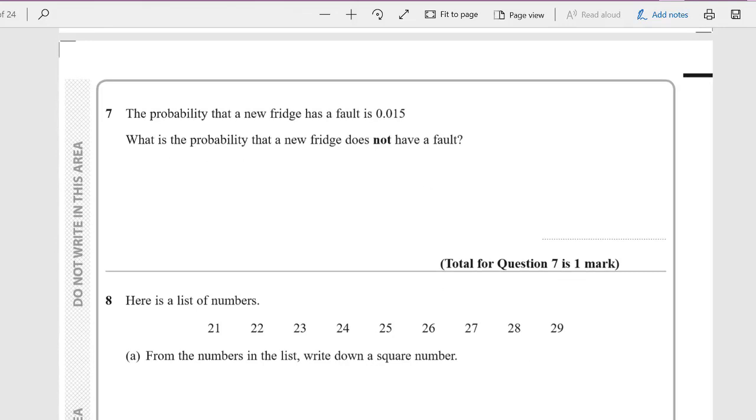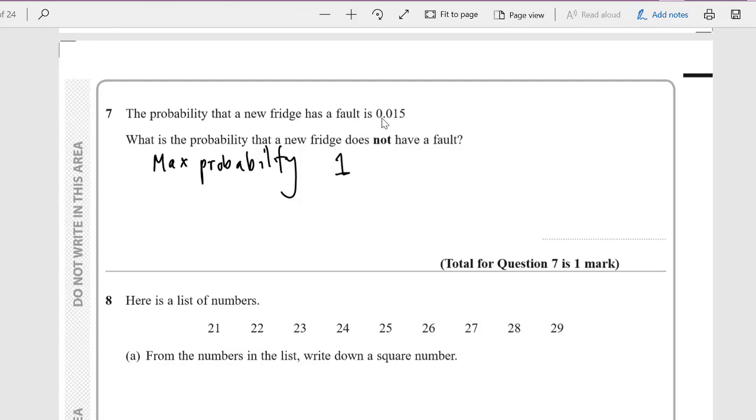Question 7. It says the probability that a new fridge has a fault is 0.015. What is the probability that a new fridge does not have a fault? So the max probability you can get, so max, is 1.